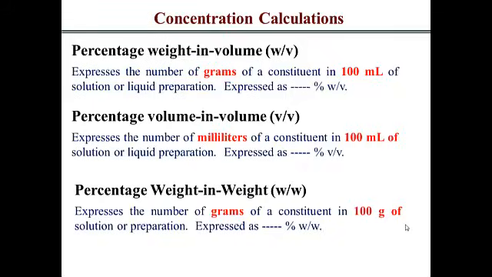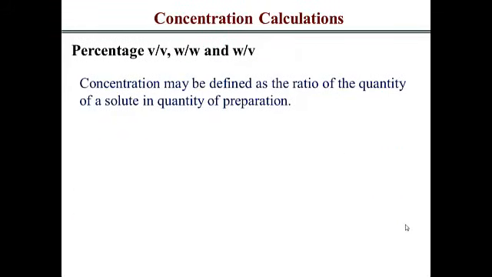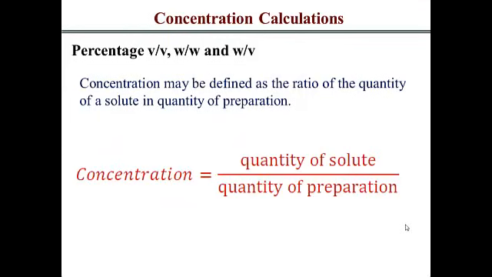It's important that we put things in perspective. So you have your percentage volume by volume, weight by volume, and weight by weight. Now another key relationship is that your concentration, which is your percentage strength, is equal to the ratio of the quantity of your solute, for percentage weight in volume some amount in grams, to the quantity of your total preparation.